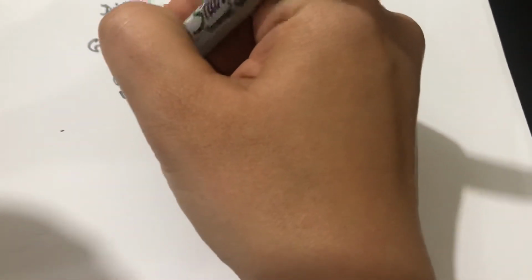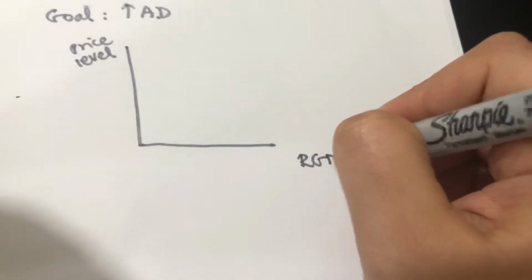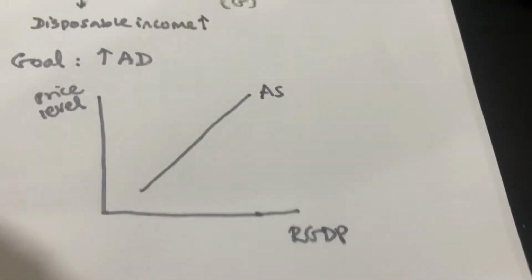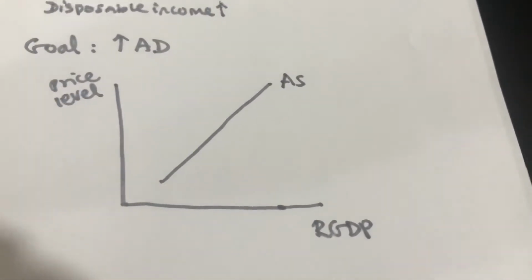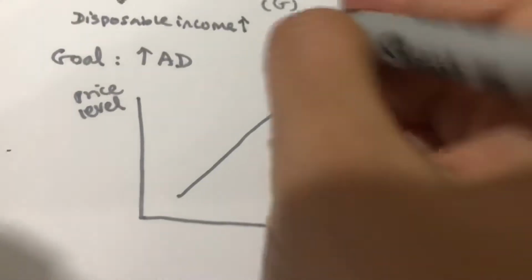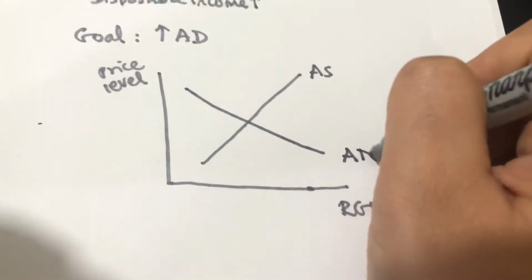So we have our price level here, which is the price of all the goods and services in the economy. And then we have our real GDP. This is our upward slope aggregate supply. If you don't recall aggregate demand, aggregate supply, definitely review chapter 12. And our aggregate demand is somewhere here.